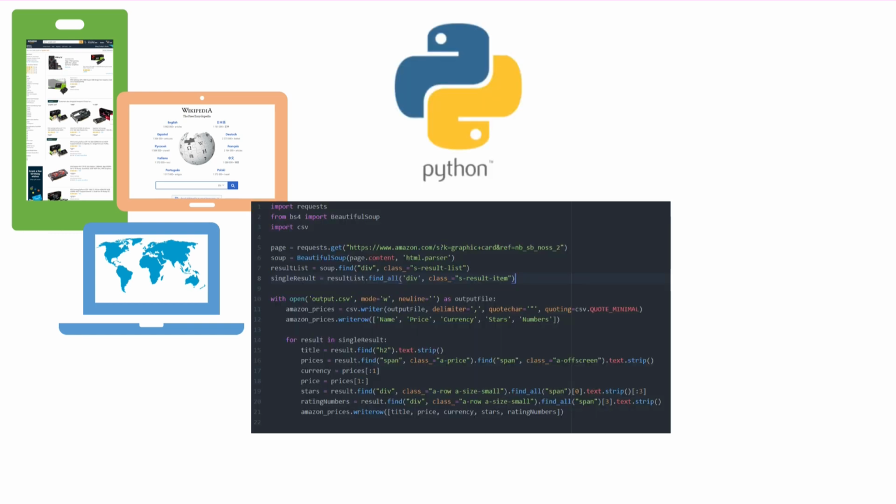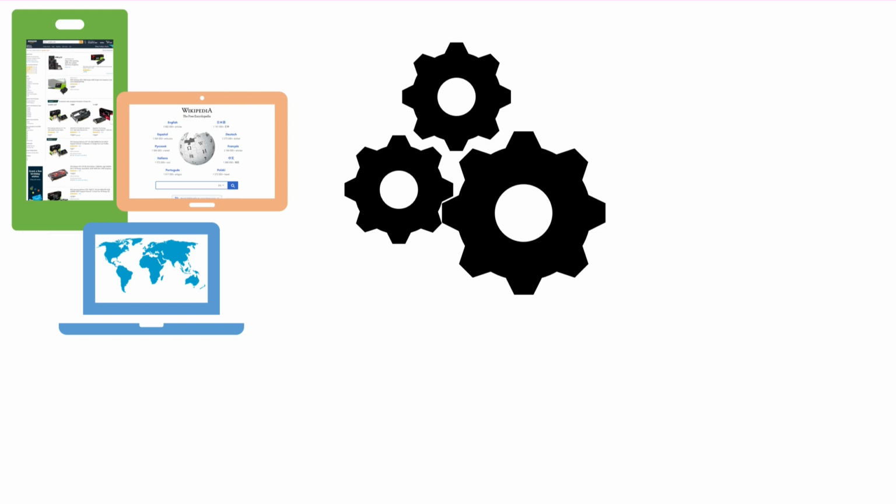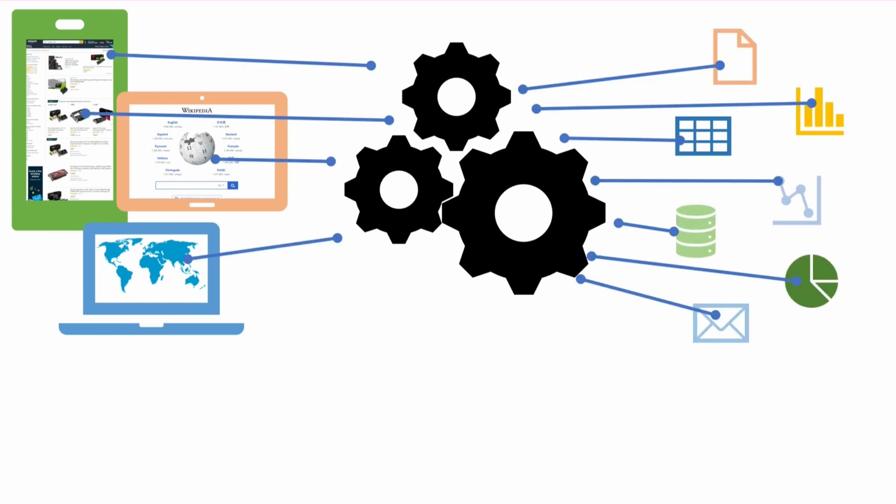Basically, with some coding, you can extract the data from web pages and bring it into any format you want, like files, Excel, or databases, and then form different kinds of information out of it, like charts, emails, and whatever. You can even build your own data sets for machine learning or whatever for your data scientist job.